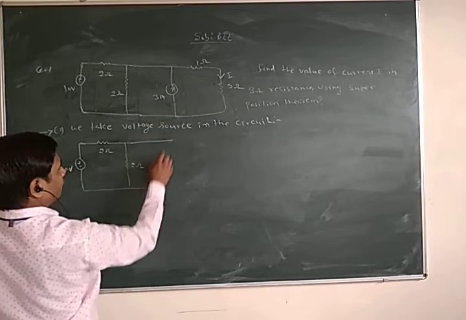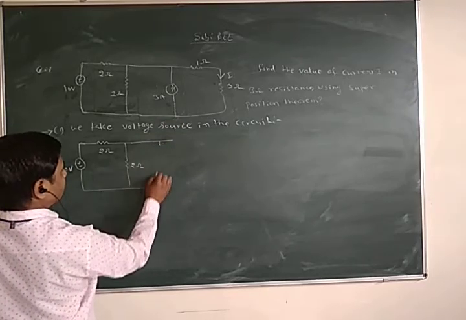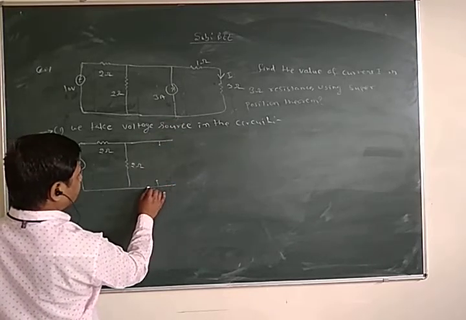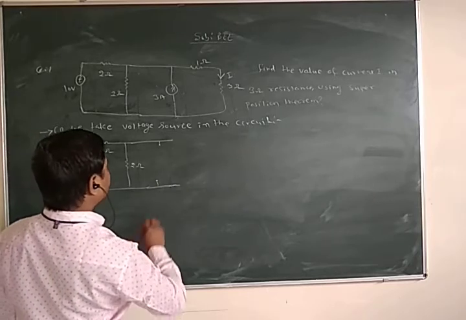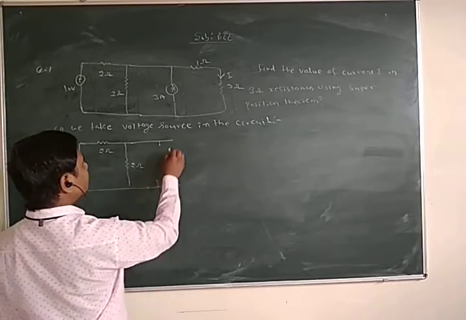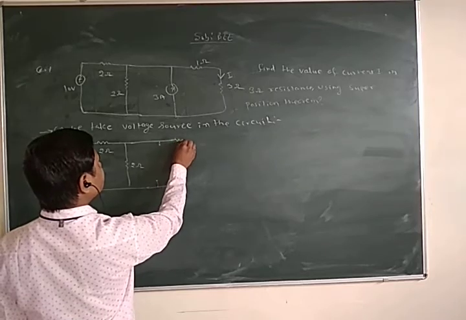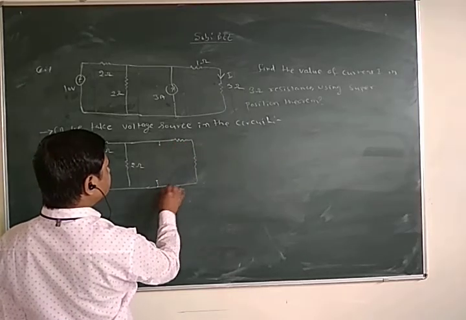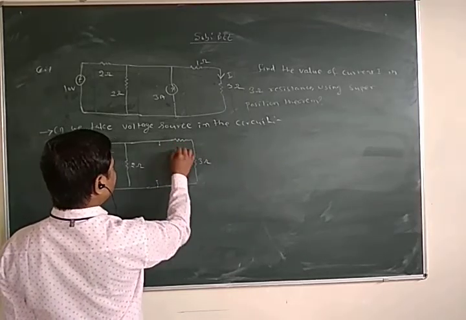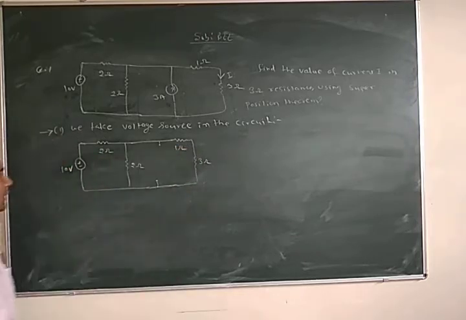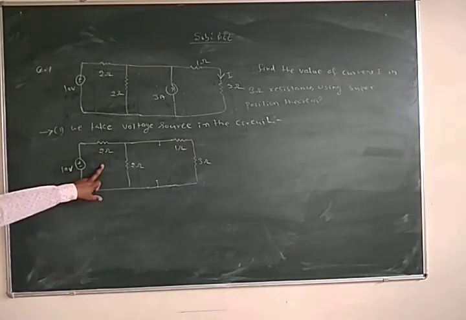Current source will be open circuited because internal resistance of an ideal current source is infinite. 3 ohm and 1 ohm. This is the simple circuit.